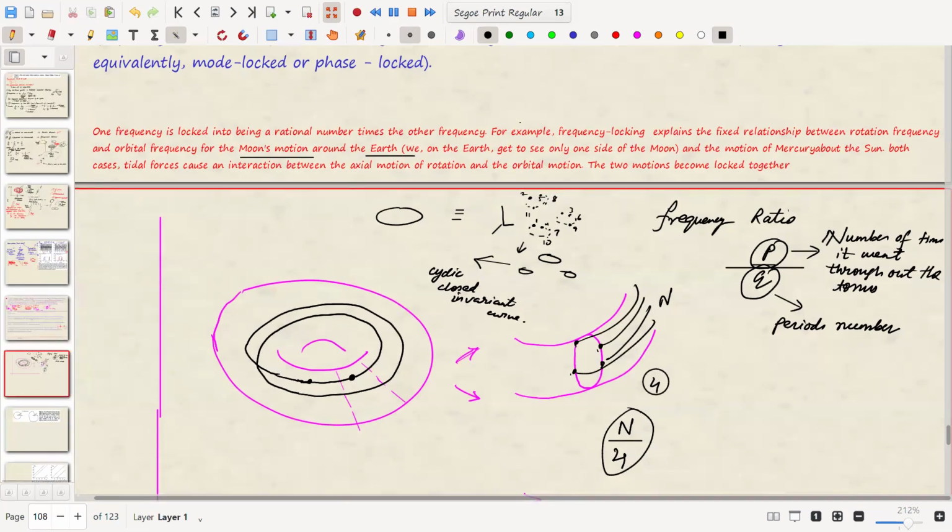So we on Earth get to see only one side of the moon, and the motion of Mercury about the sun. In both cases, tidal force causes an interaction between the axial motion of rotation and orbital motion. The two motions become locked to each other. Therefore, we kind of see one side of the moon.